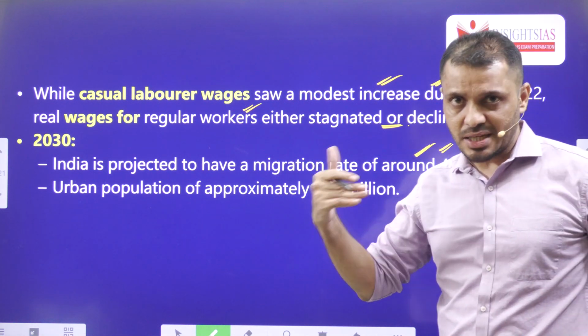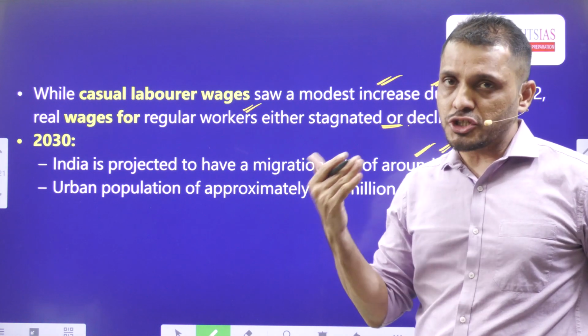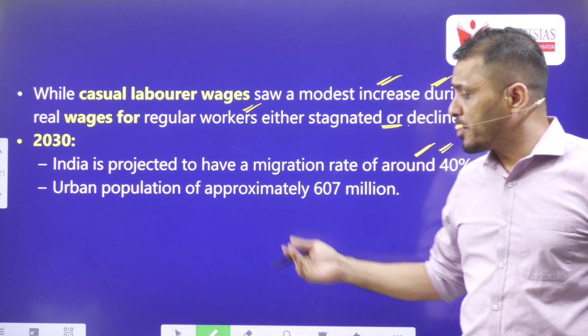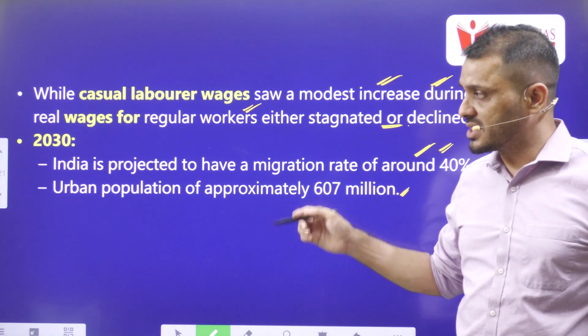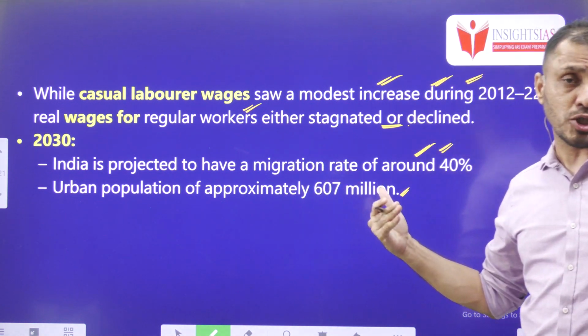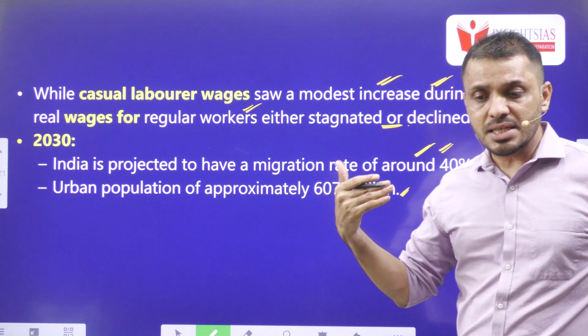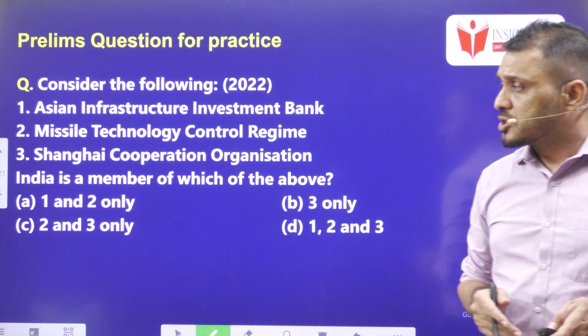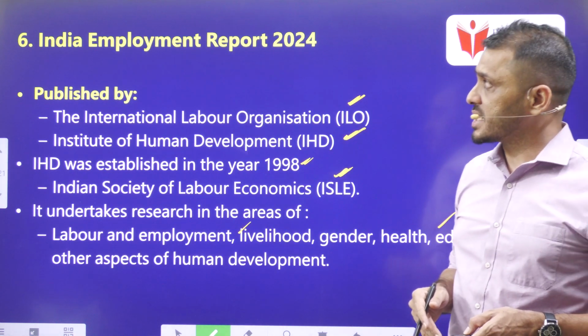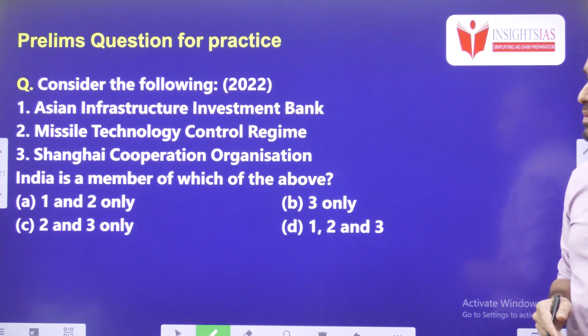That means within India, people may migrate from one region to another. The urban population will be approximately 607 million by 2030. So based on these kinds of projections, we have to make our cities ready to cater to this amount of population. So this is about report number 6, India Employment Report 2024.